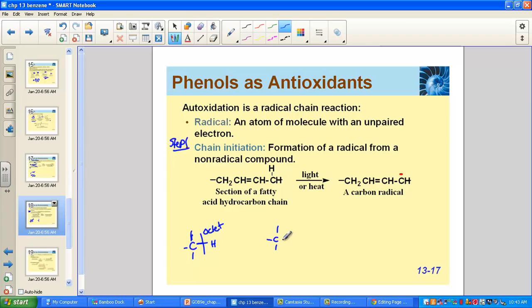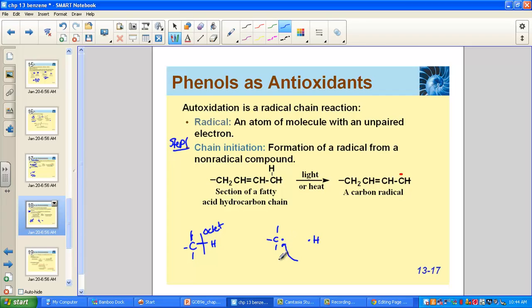And it is just a quick moment in time. We have an unpaired electron on the carbon as well as an unpaired electron on the hydrogen. Those will become the sites of attachment when they go on to form the product. They hook to a new element.